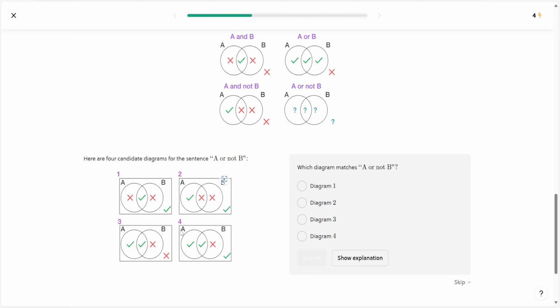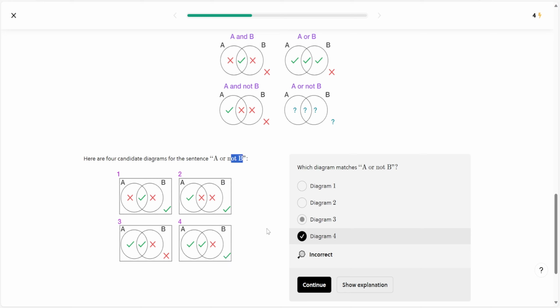A or not B. So it has to be number 3 then, because this one's got the check mark outside. What? So the check mark outside is included in the statement not B. Okay.